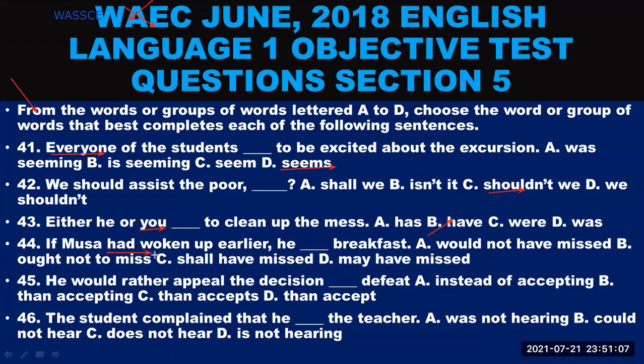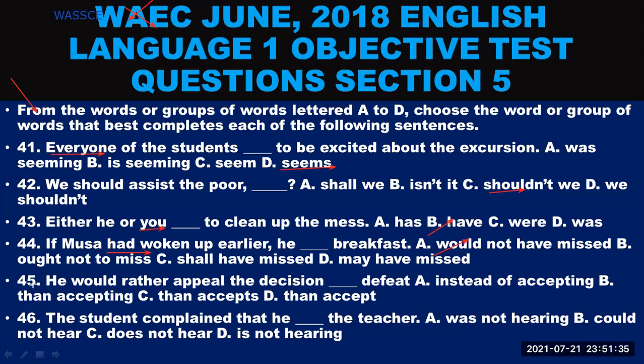We already have a past participle, so we also need to have a past participle here. So if Musa had woken up earlier, he would not have missed breakfast. So option A is correct. B, ought not to miss, is wrong. Shall have missed is wrong. May have missed is wrong.